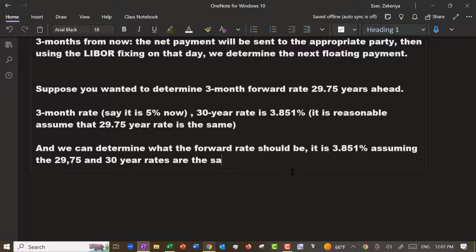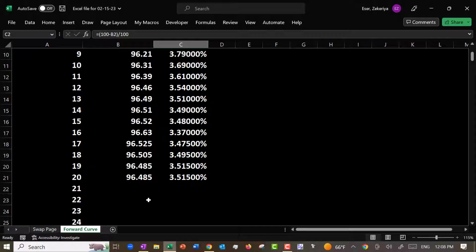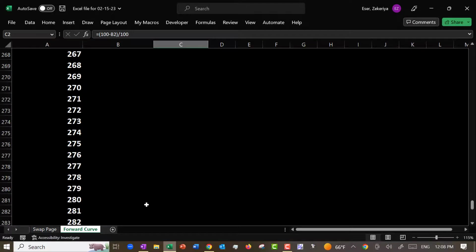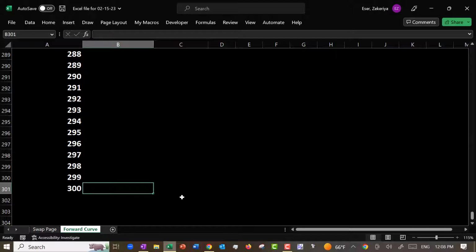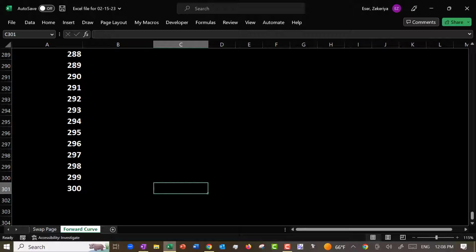Then you could kind of do an interpolation. For example, at 300, I'm gonna put, that means that number is gonna kind of keep going up a little bit.